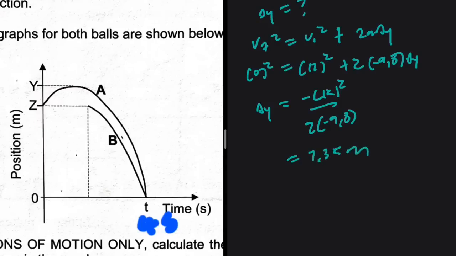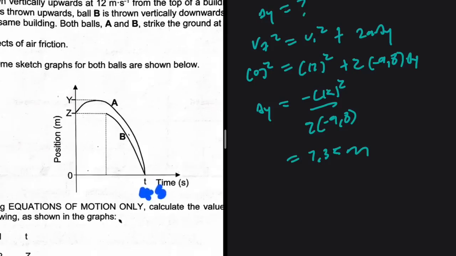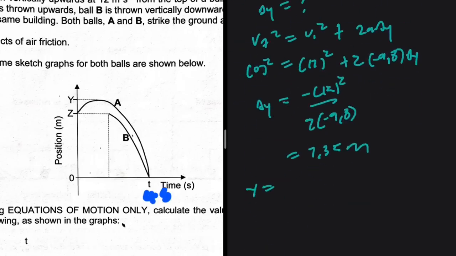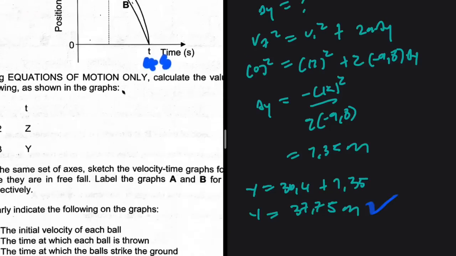But y is not going to be 7.35 meters. y is going to be equal to 30.4 plus 7.35. I know we just lost some people there. I know somebody didn't add the two numbers. So y is equal to 37.75 meters. So there we go. That is the value of y.